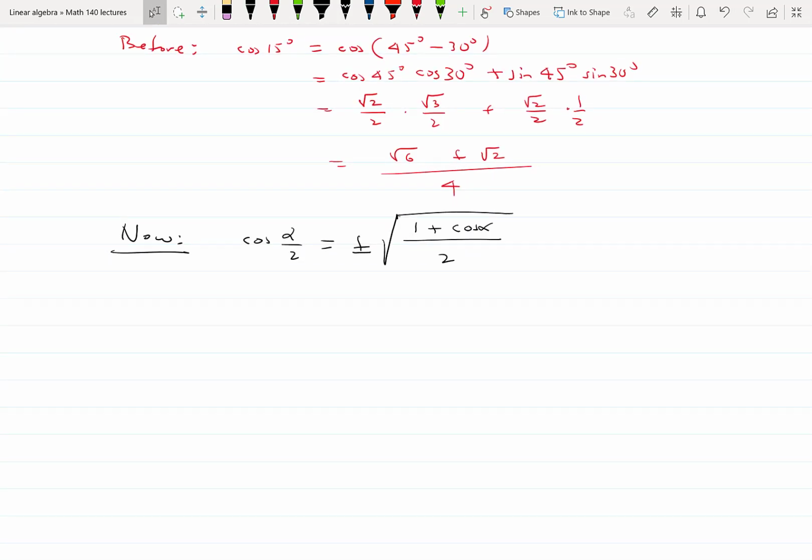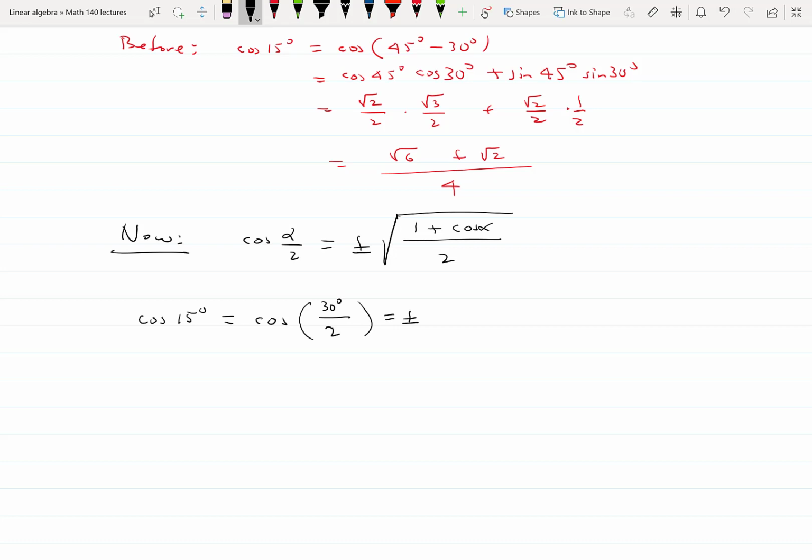So the first mistake is the tendency to use the wrong formula to get this answer. The second mistake is coming up. So how do we find the cosine of 15 degrees? Well, the cosine of 15 degrees, using a half-angle formula, is the cosine of half of how much? It's half of 30 degrees. Okay, 15 is half of 30, is 30 divided by 2.